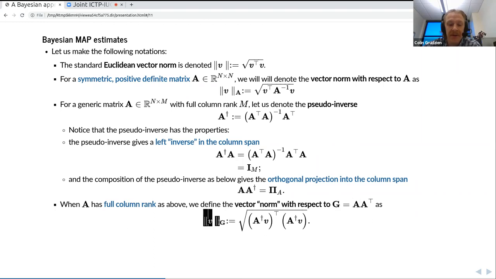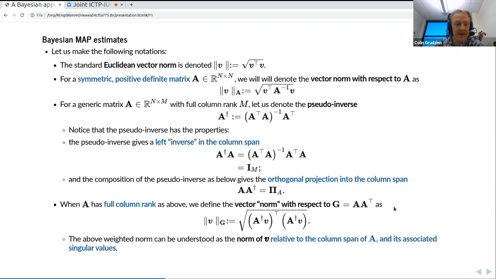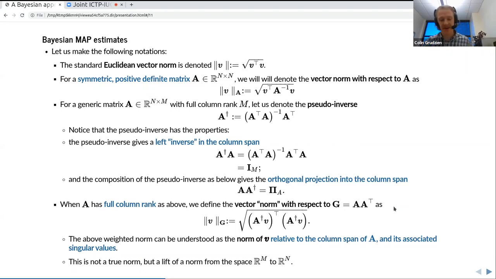We'd write V bar sub G as the square root of A dagger applied to V, transpose, times A dagger applied to V. This gives a weighted norm of V relative to its projection into the column span and weighted by the singular values of A. It's not a true norm, but it's a lift of a norm from R^m to R^n, which we're assuming to be a larger dimensional space.